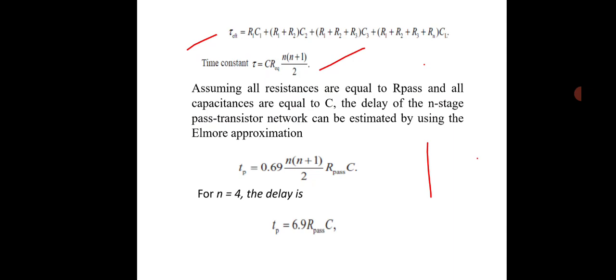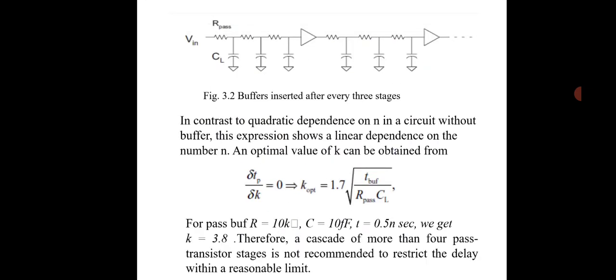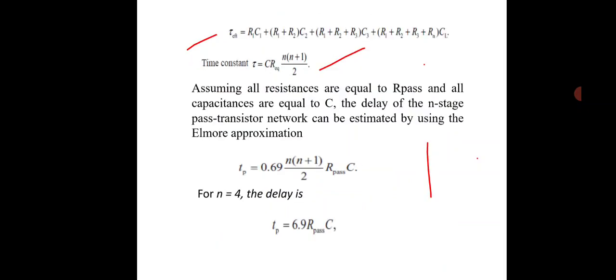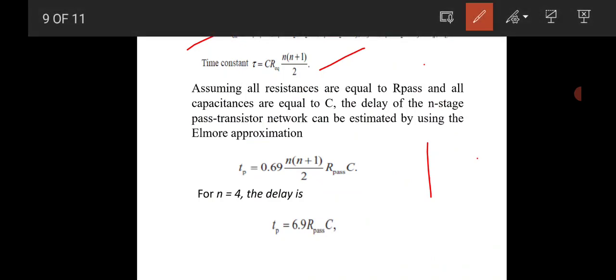Time constant means, let us see the scenario. This is a time constant function for the corresponding expansion, assuming all resistances are equal, that means the pass resistance value is R, and the capacitance values are also equal.